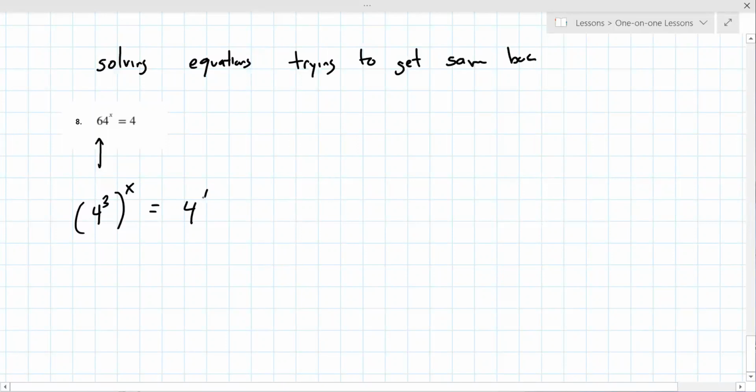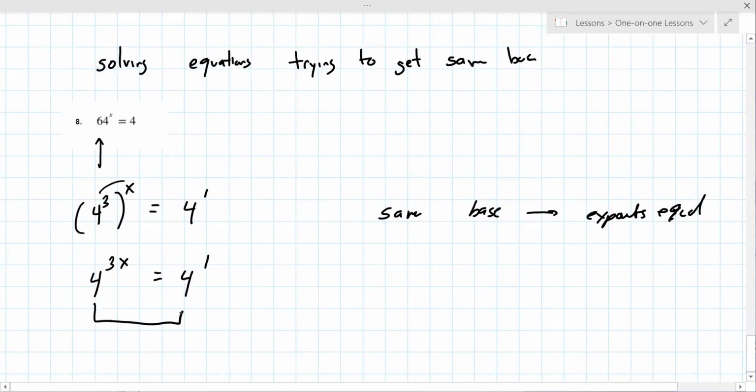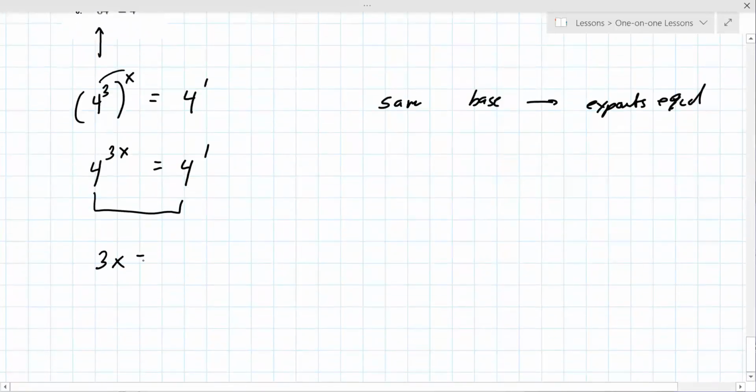The property we're using here is if you have the same base, you can set the exponents equal. We have to apply a property that says if you have an exponent to an exponent, you multiply them. So this is 4 to the 3x equals 4 to the 1. Because the bases are the same, you can set the exponents equal. So you end up just writing 3x equals 1, divide both sides by 3, and that's your answer.